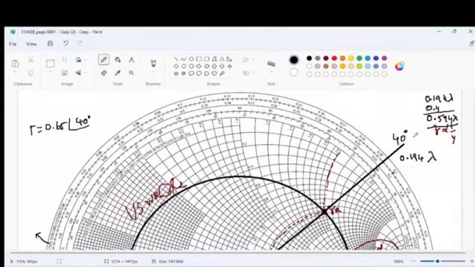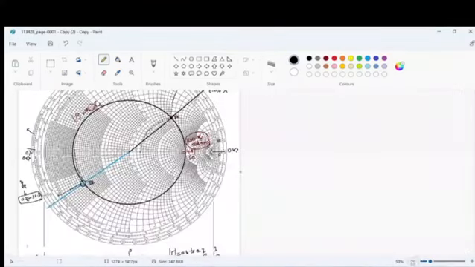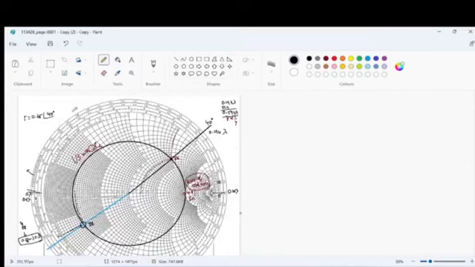Where is the value 0.594 lambda? Any idea? Already this is your 0 lambda and this is your 0.25 lambda. Again, coming back, this is 0.5. If you travel further, the values keep going, and here 0.75, and again another 1 lambda.